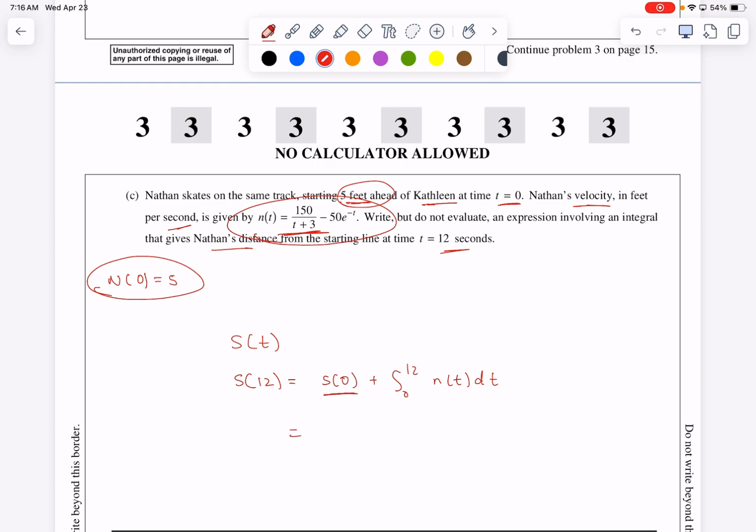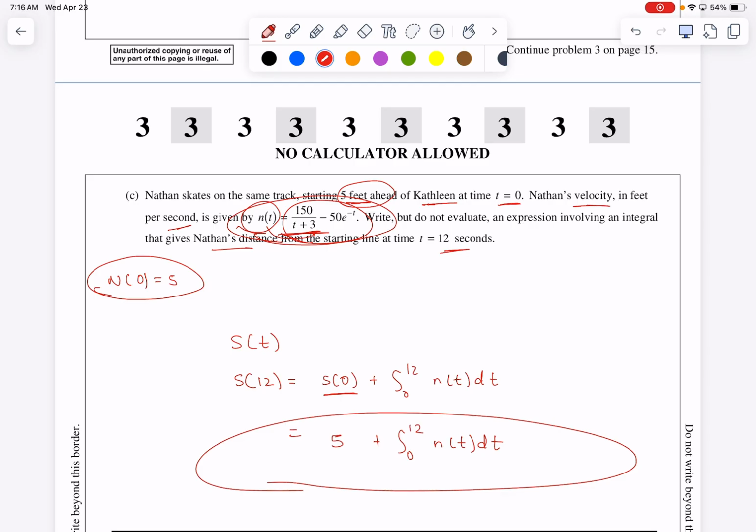You have to know that S of 0 is what? 5. That actually gets you a point, knowing to use the 5. Plus the integral from 0 to 12 of n of t dt, and you actually don't have to write the equation because they gave you a label, so you're allowed to use the label. You can use the label, or you can put the equation in. That is 2 points right there. Done. That's all you had to do. You didn't even have to evaluate.